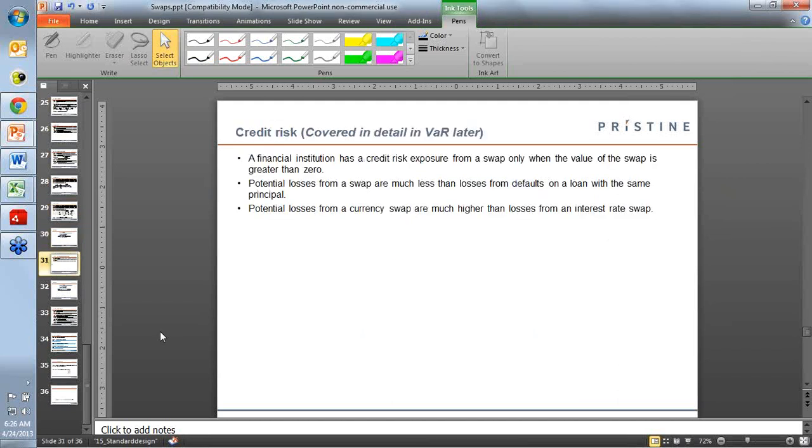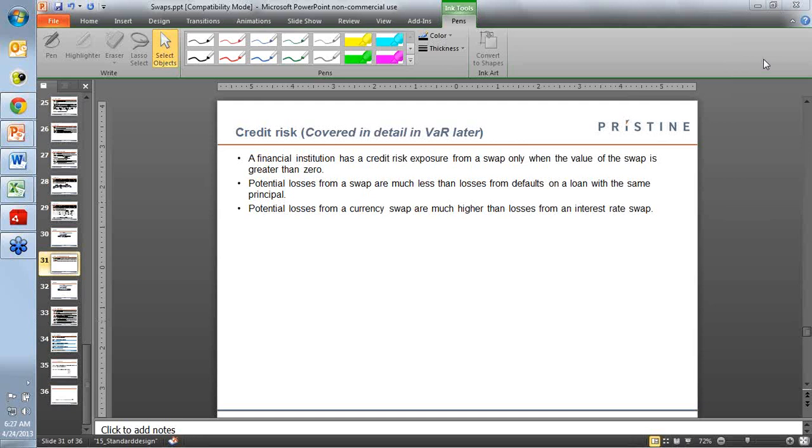Okay, so let's look at the credit risk. A financial institution has a credit risk exposure from a swap only when the value of the swap is greater than 0. This exists because any company that is transacting with the financial institution might not be able to pay it back, and as a result it exposes the institution to financial risk.